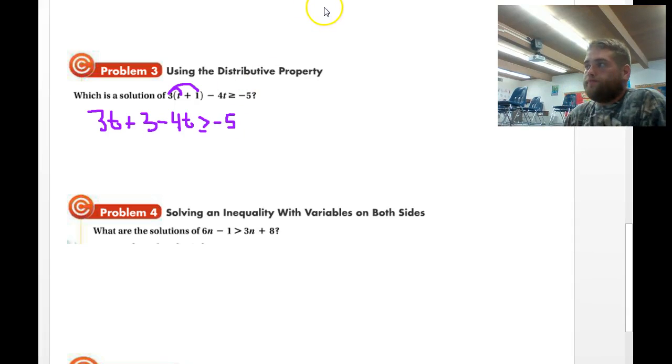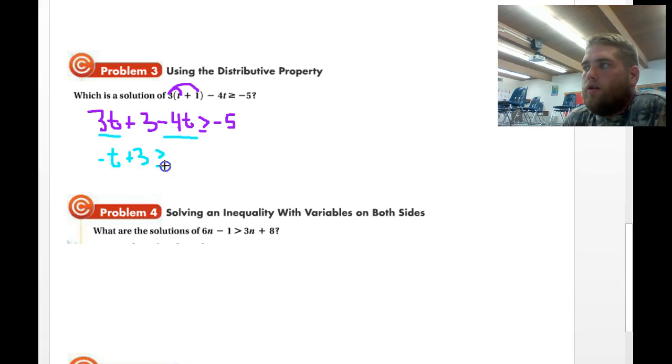Okay, so first thing that I notice is that I have a bunch of t's on one side, right? I've got 3t and I've got minus 4t. Well, 3t minus 4t is -t plus 3 is greater than or equal to -5.